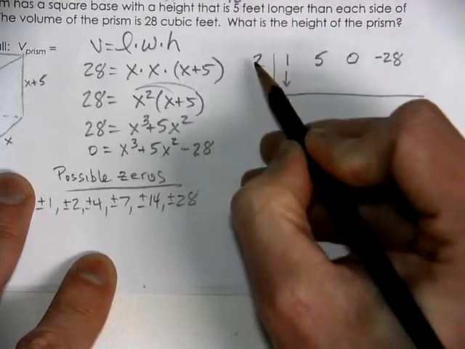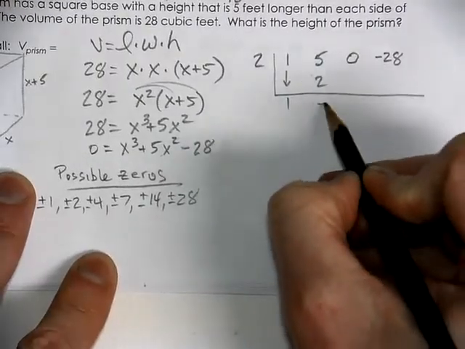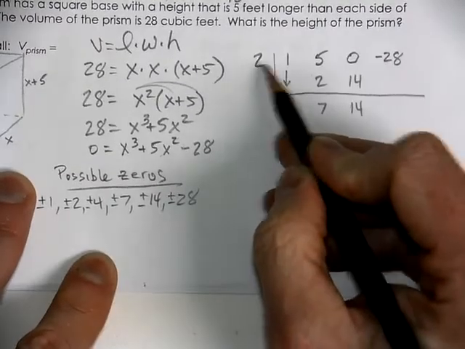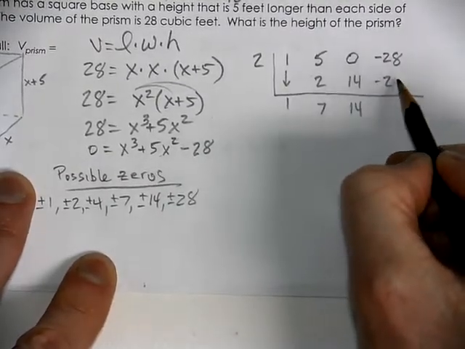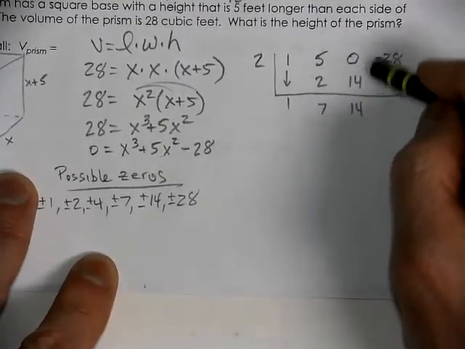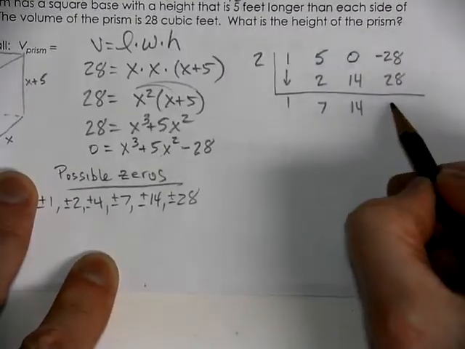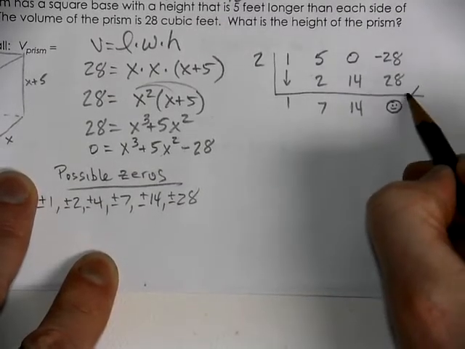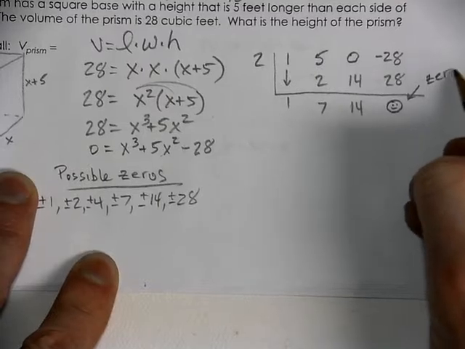So you bring down your 1, you multiply, you get 7, you multiply, you get 14, you multiply, and it's actually a positive 28. And that's what we suspected. We found a 0.